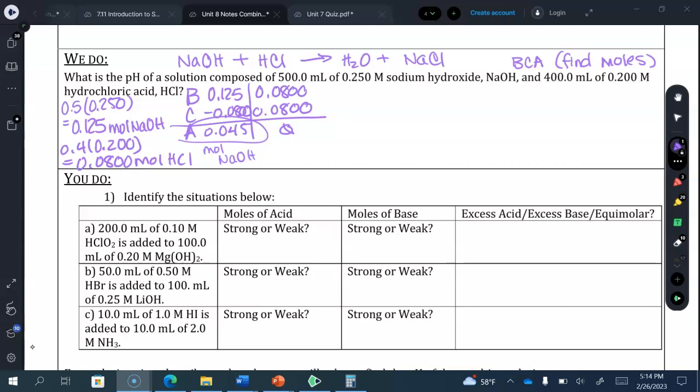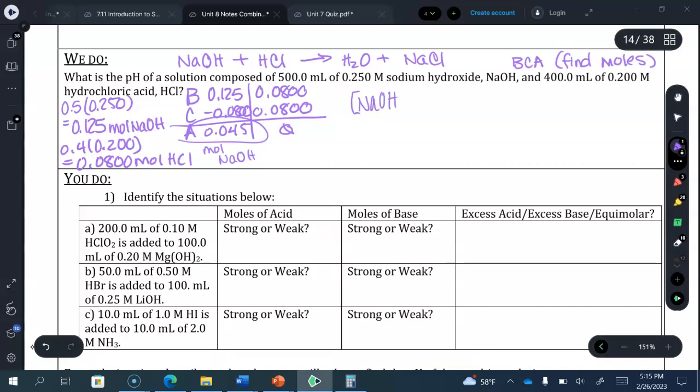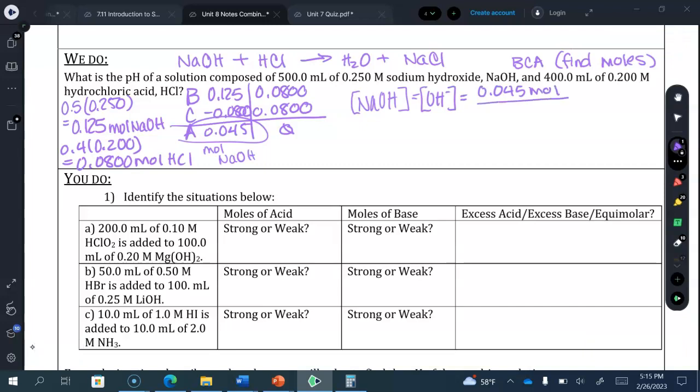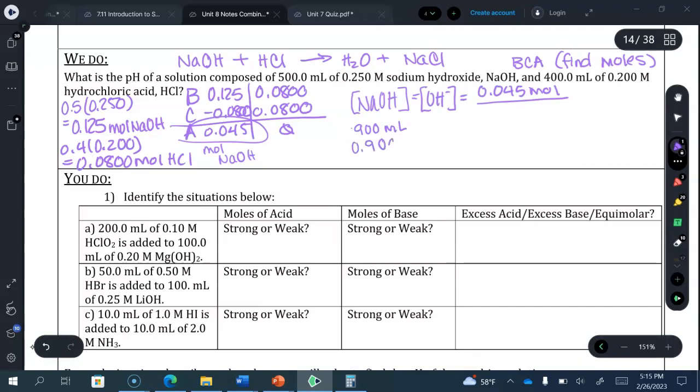From here, we will use these moles and determine the concentration of sodium hydroxide, or the hydroxide ion. They are equal, by dividing the moles that we found that were in excess by the total volume of solution. Now that's 400 milliliters plus 500 milliliters is 900 milliliters. And when we change that to liters, we end up with 0.9000 liters.